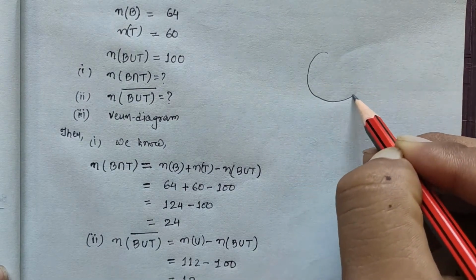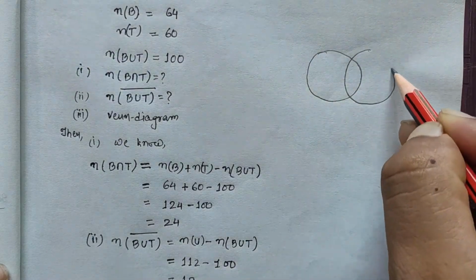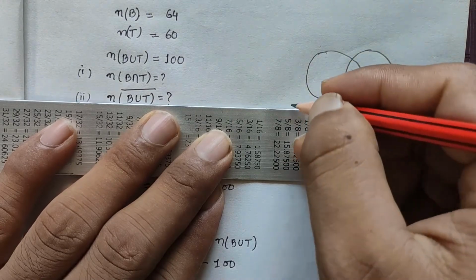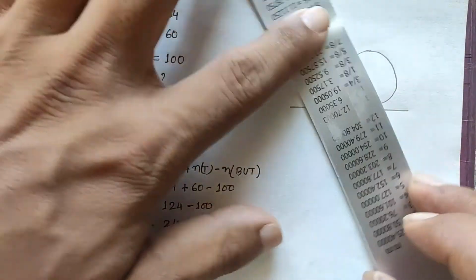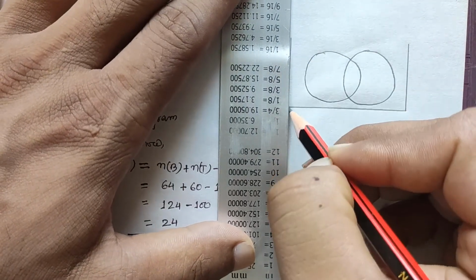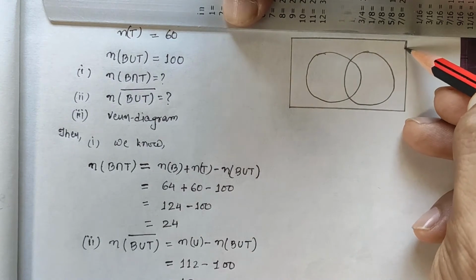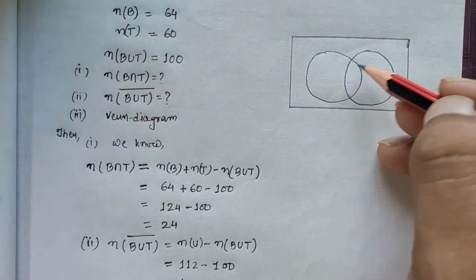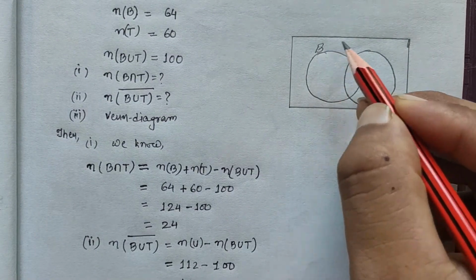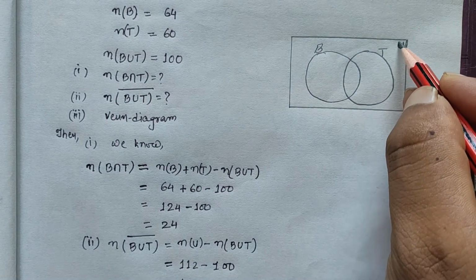I am not using the compass here because it will take more time, but in your copy you have to draw the Venn diagram properly using a compass and pencil.